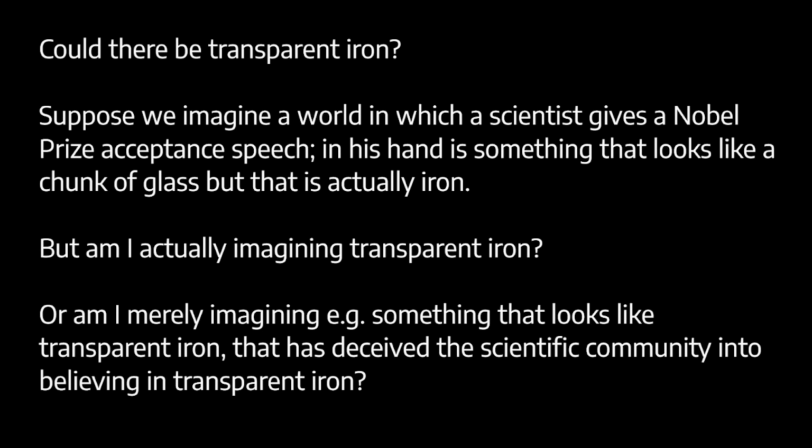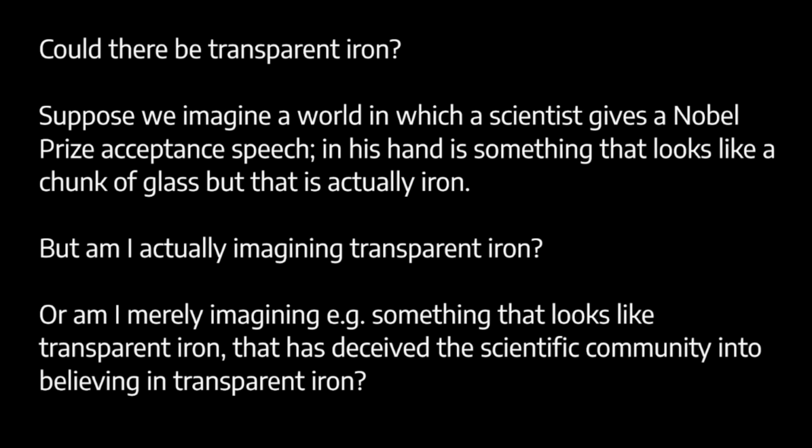It's compatible with the claim that a physicist who thinks that he's created transparent iron is the butt of an elaborate prank, right? So when I say this physicist is holding in his hand something that looks like glass, but it's actually iron, what am I imagining there? I'm just imagining something that looks like glass and that everybody is labeling iron. Yes, that's compatible with it being transparent iron, but it's also compatible with it not being iron, and the people who are labeling it iron just being deceived into thinking that it's iron, and so on.